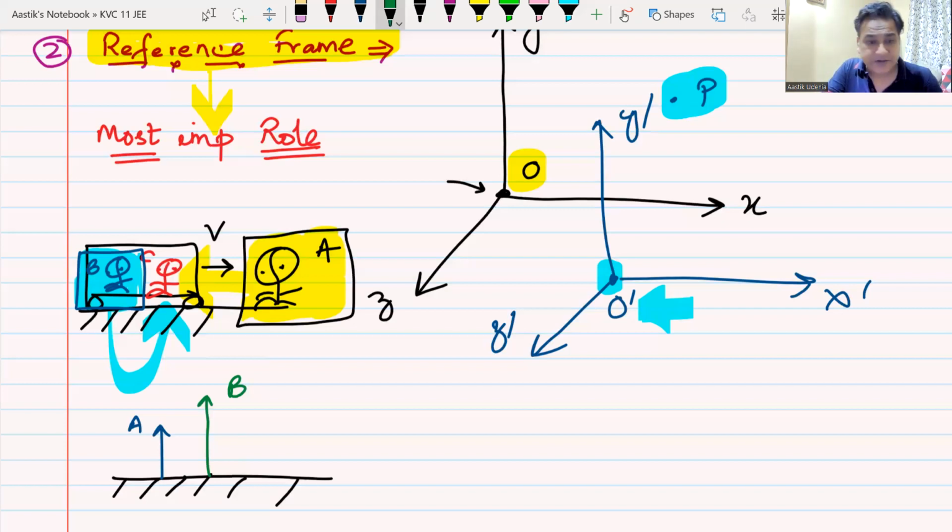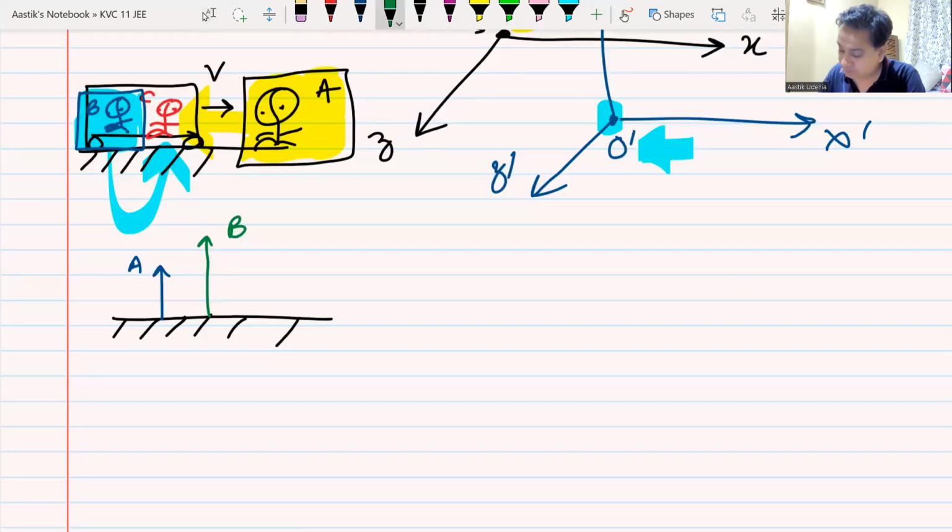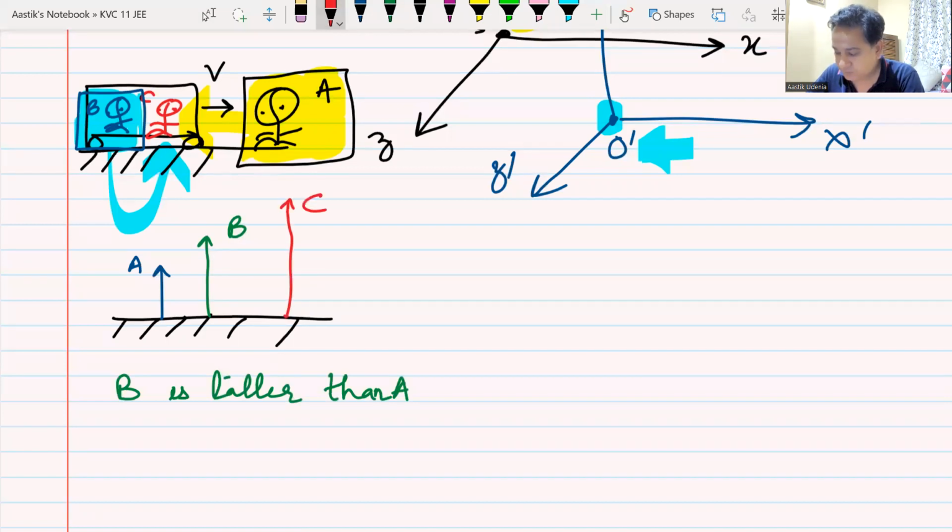So I write the statement here. B is taller than A. Then I see another boy, C. But then I look at C, and I say, oh, wait.